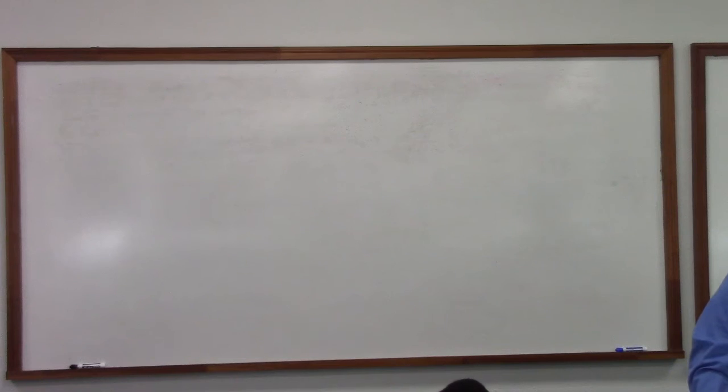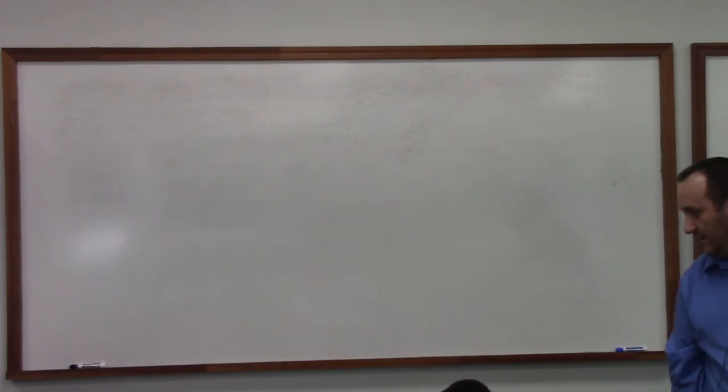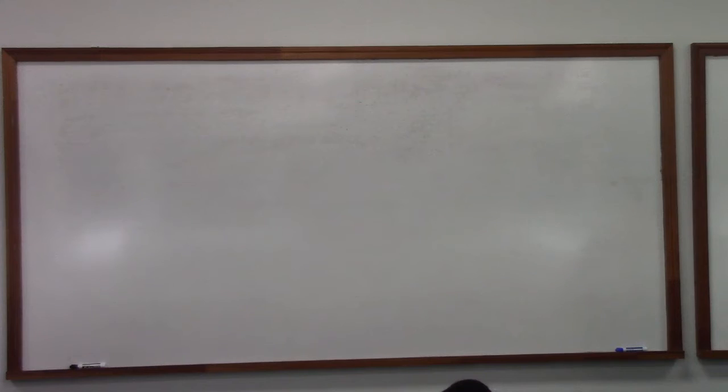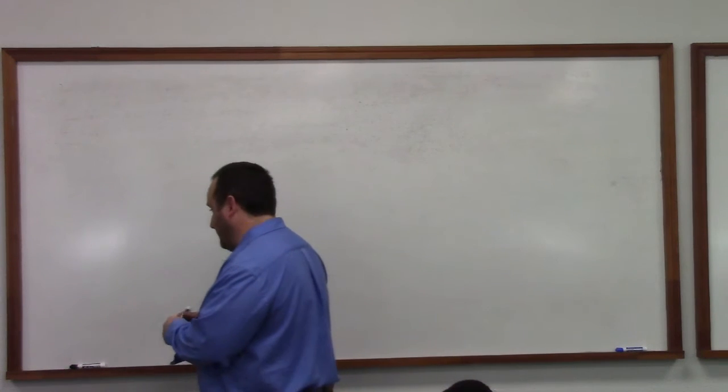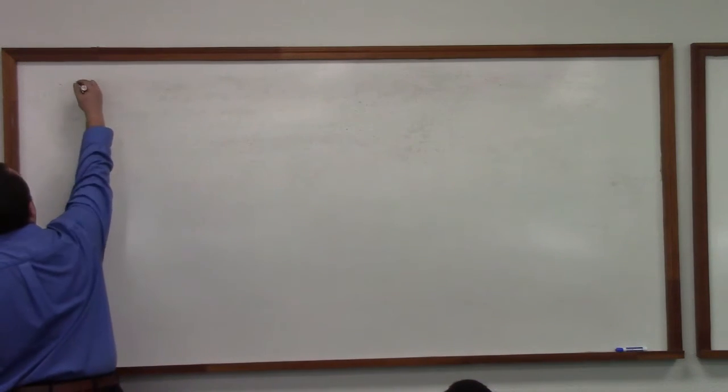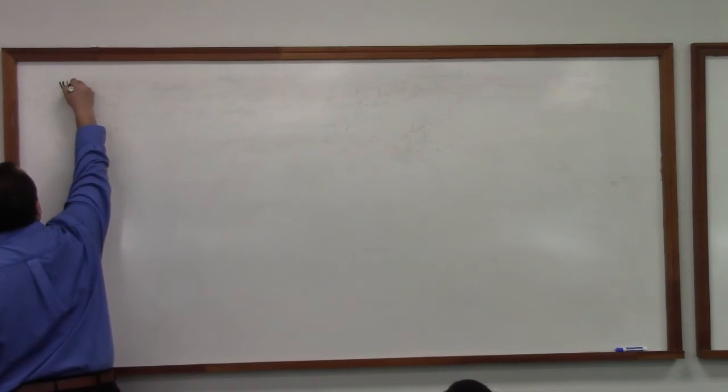So I guess my next question for you would be, depending on how good your memory is from pre-calculus, we may or may not have a disagreement about what I mean by a continuous function. All right? So what is a continuous function?